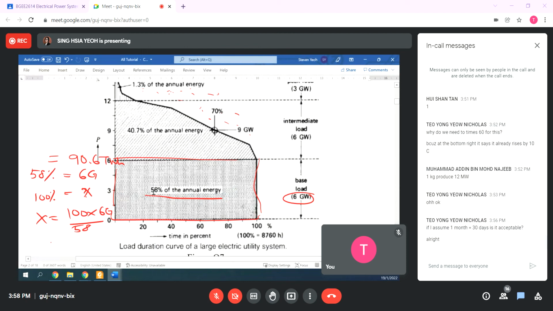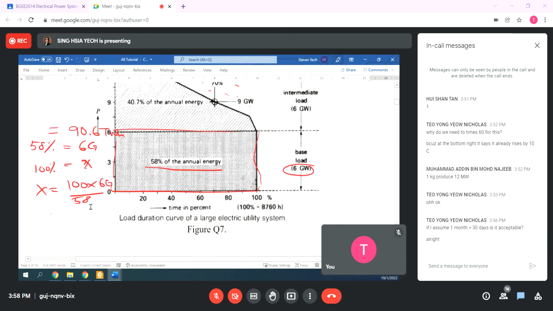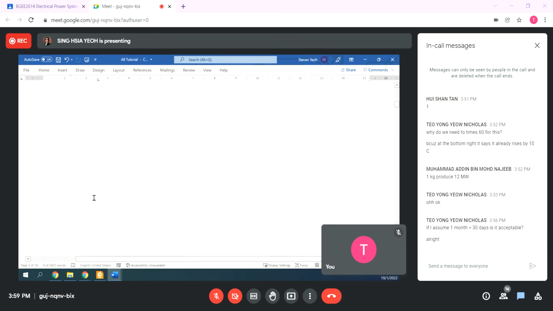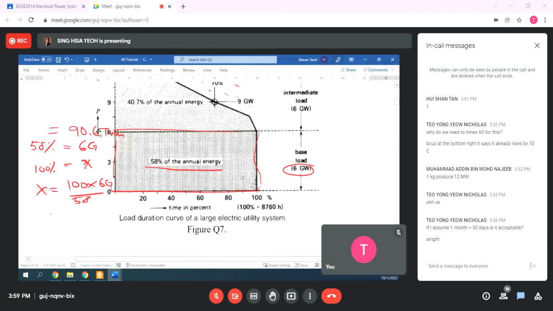Then from this 58%, we can know 100% of annual energy equals to how much watt. So it's equal to 90.6 terawatt hour. Can you understand?